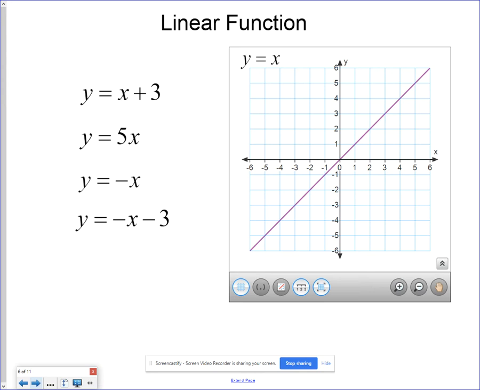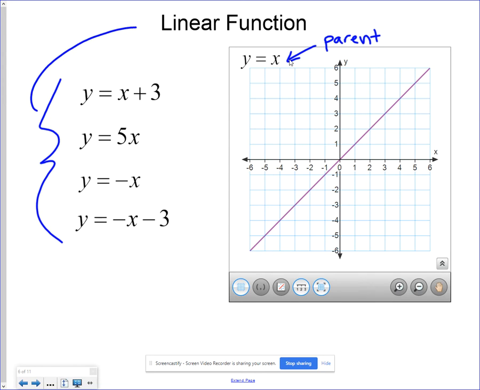Remember, this is the parent, the most basic graph of this family. Here are some members of the family over here. All of these belong to the linear function family. I want to know what happens to the parent graph when we add numbers to it.